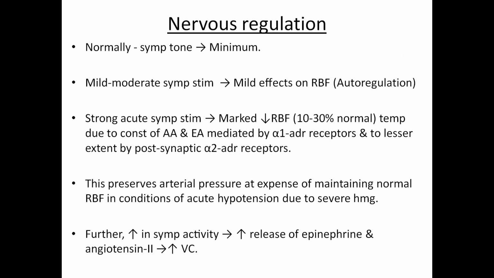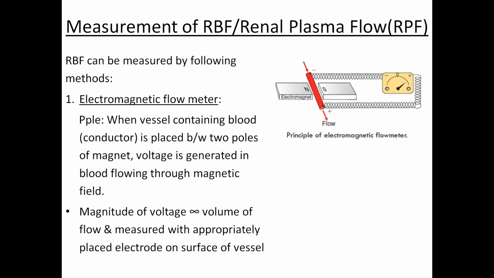This was the nervous regulation we talked about. Then a little bit that you should know about measurement of renal blood flow. What are the methods? It can be measured by an electromagnetic flow meter.